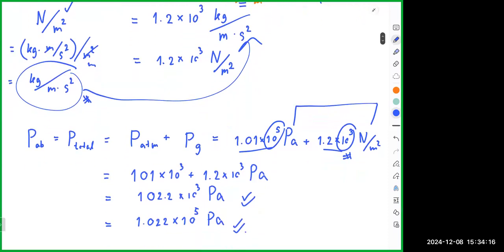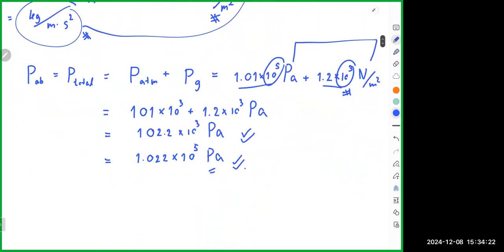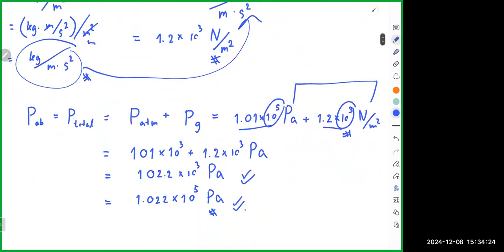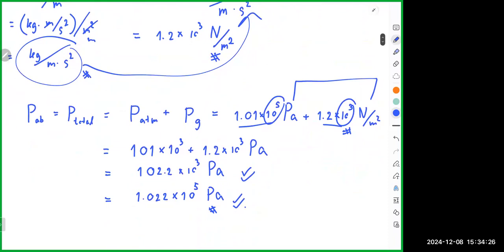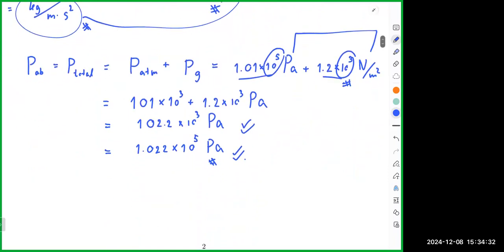You can answer into Newton per meter square or Pascal, which is the same. Just choose. It's okay. You can answer like this. I wouldn't cut your score. Okay.